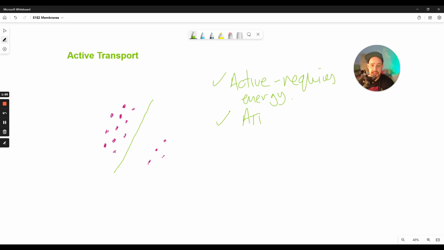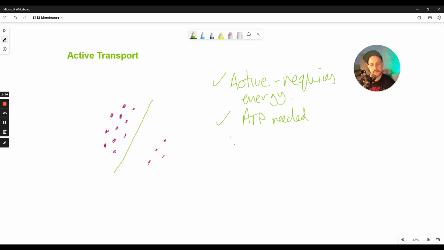Now, ATP is a molecule we find all over biology that is made in processes like respiration and is used as a kind of currency by cells to spend on, and it's an energy currency, okay? So ATP is used by cells for things to happen, okay? And active transport is an example of where ATP is needed, okay? So ATP is our molecule that provides the energy for active transport to occur.